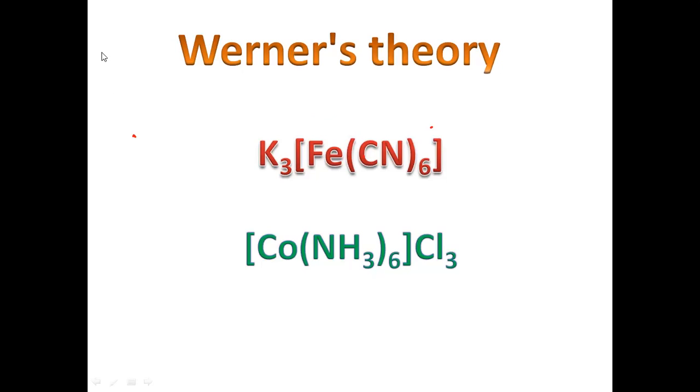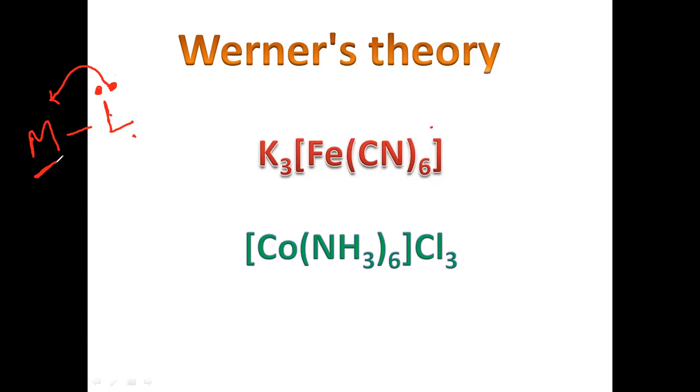Now you know that a complex is nothing but a metal which is coordinated with ligands, and this ligand must have a lone pair of electrons so that it can donate them to the vacant d orbitals of the metal, and it forms a certain complex.